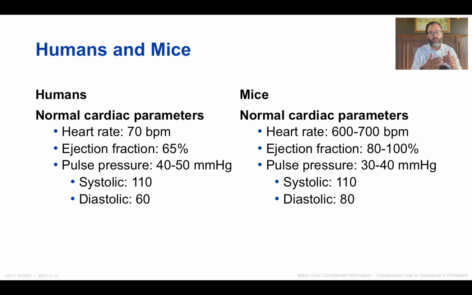But the difference is they've got elevations in diastolic pressure, because in humans, during diastole, you have a prolonged period where blood pressure drops and potential energy inside the aortic wall is converted to kinetic energy, driving blood forward. As that decline is occurring in mice, you can envision there's just another heartbeat coming right on the end of that. So diastolic pressure doesn't have the same duration for that decline, and ends up higher over time.